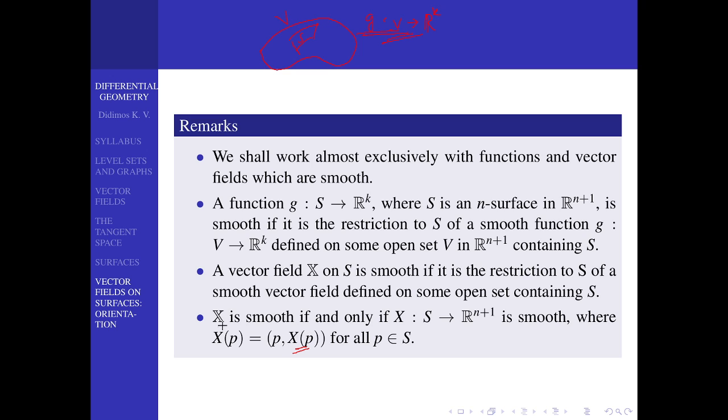So that means in order to say X is smooth, the corresponding component functions of X(P) should be smooth. In order to get X(P) as a smooth function on S, we need to get this as the restriction of some smooth function defined on an open set containing S. This is the idea of a smooth vector field.